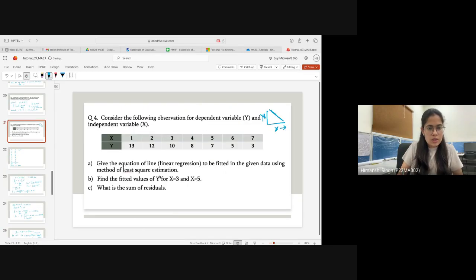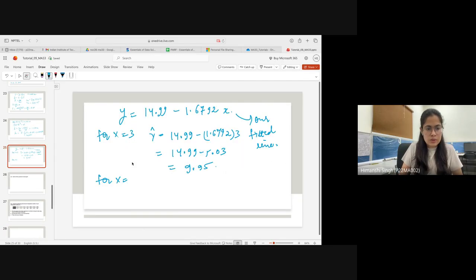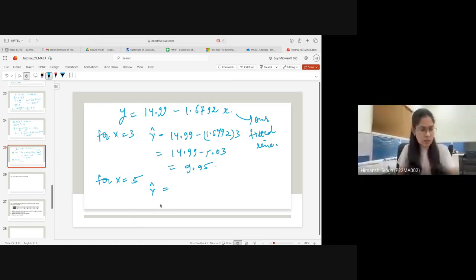Now for the next one, x is 5. I want the fitted value, so y hat is 14.99 minus 1.679 into 5, not 3 actually, 5. 8.4 minus 14.99 gives 6.594.